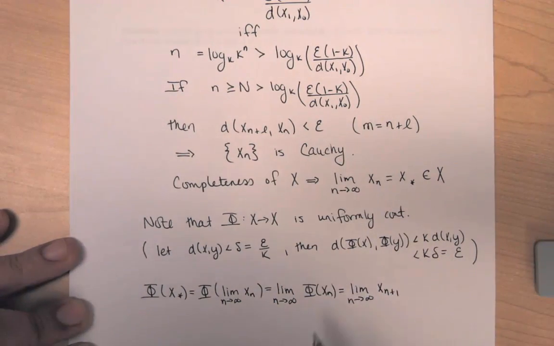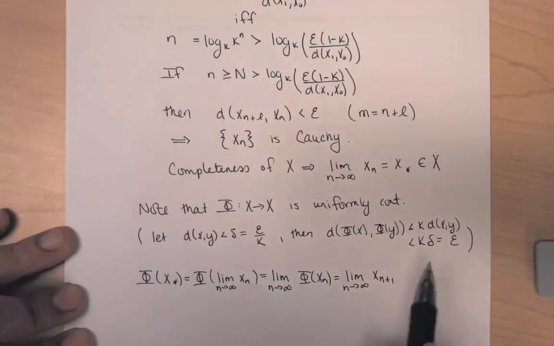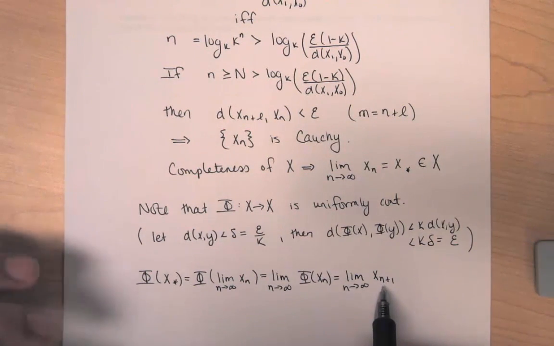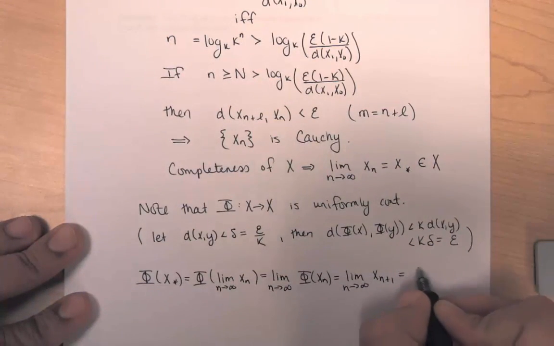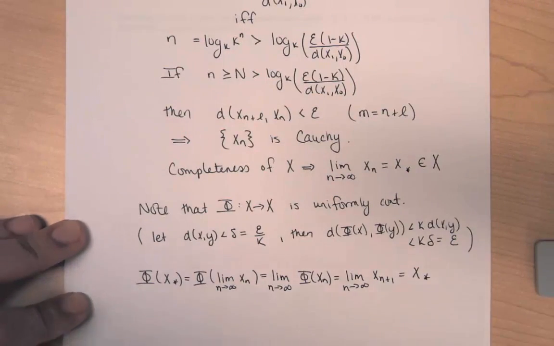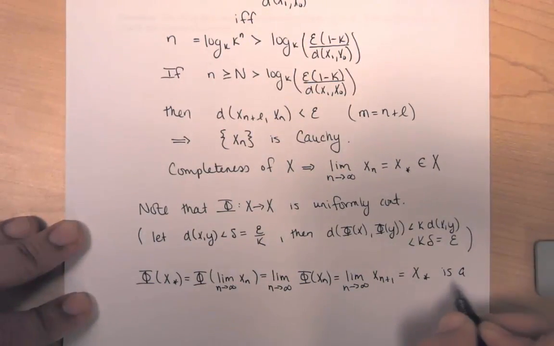And of course, if the limit of x_n as n goes to infinity is x star, so is the limit of x_{n+1}. In fact, I just get there one step sooner, which, since I get there at infinity, doesn't really mean much. Okay, so now we've proven that x star is a fixed point.